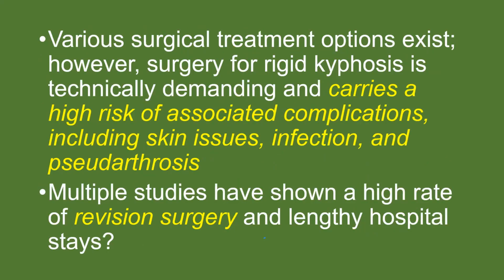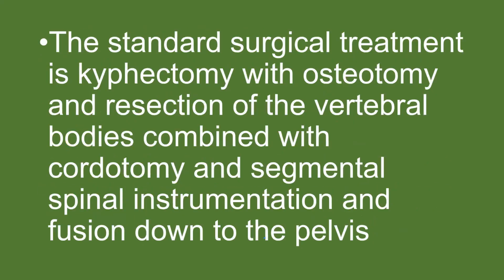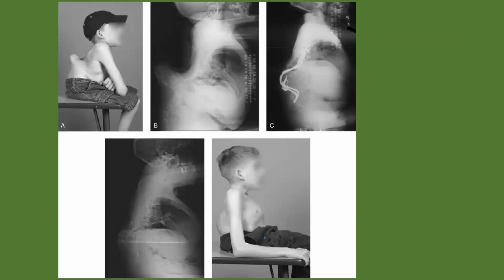So this is a child who had a myelomeningocele with complete loss of function below that level. A kyphectomy was done, and the child is in a much better seated position. But the problem is they have many complications, infections, etc. You have to pay attention to them.